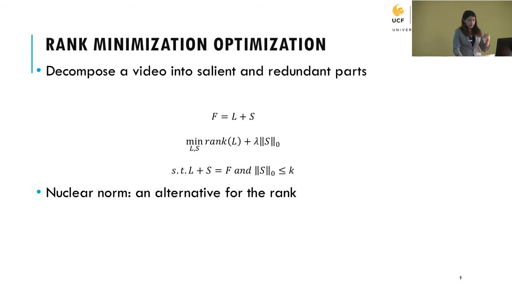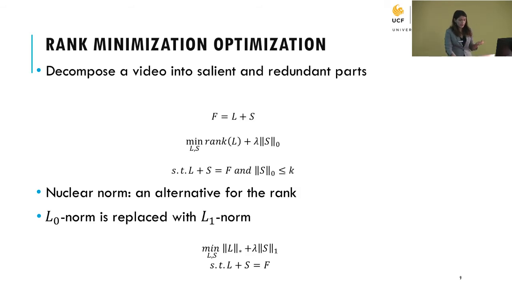Therefore, instead of minimizing rank, we can use the nuclear norm, which is an alternative to the rank, and we replace L0 with the L1 norm. So our optimization problem would be like this: we minimize the nuclear norm of L, which stands for the rank, plus the L1 norm of S, the sparse matrix, in a way that the sum of these two reconstructs the feature matrix.